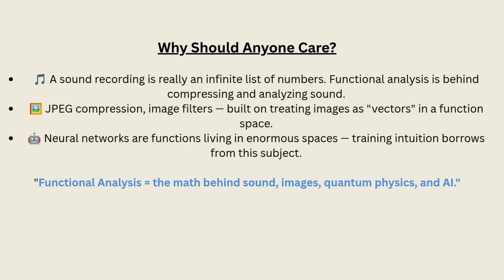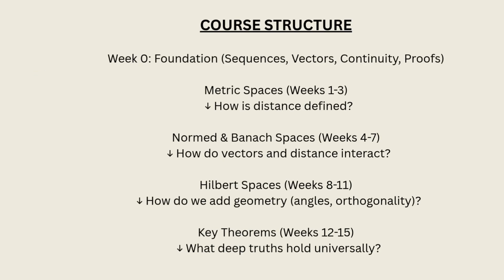Similarly, the second example is JPEG compression, image filters built on treating images as vectors in a function space. Similarly, neural networks are functions, and we are dealing with such things with the help of functional analysis. So functional analysis is the math behind sounds, images, quantum physics, and actually AI too.